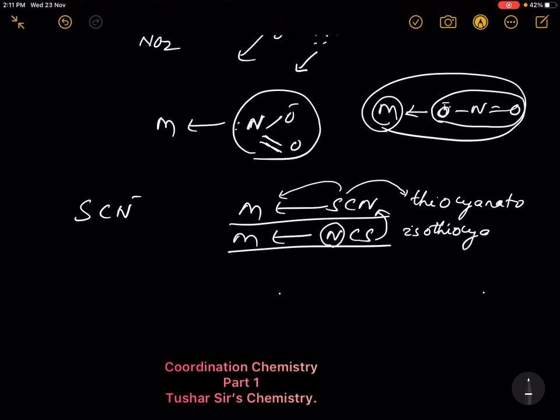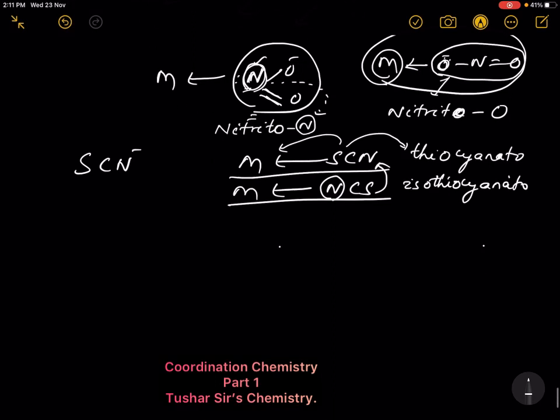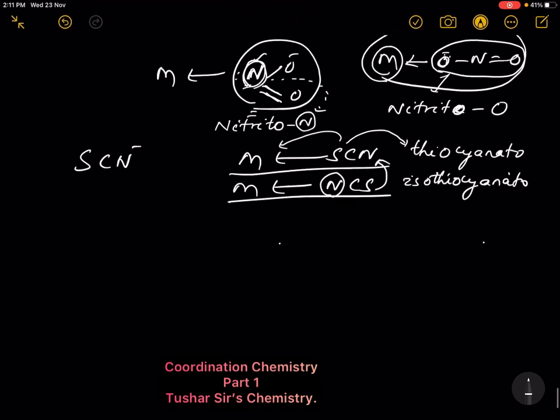And this one is nitrito-N, connected through N. And this one is nitrito-O, connected through O. Thio means sulfur.